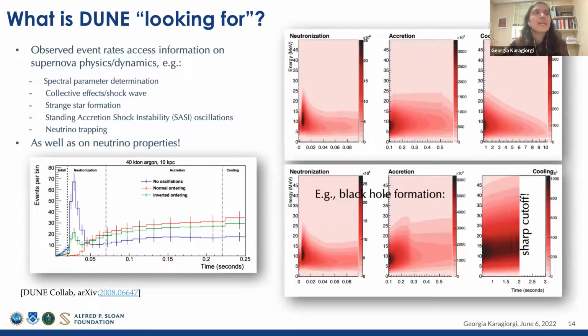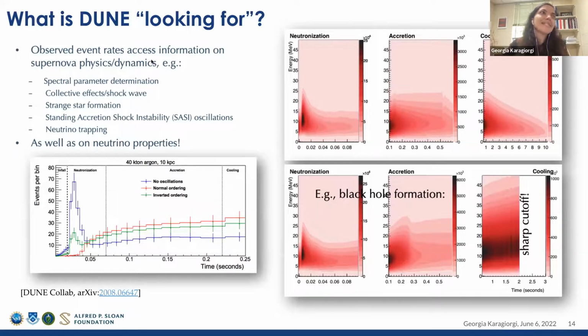So it would be truly amazing if we were so lucky to observe this once-a-century type of event of a galactic supernova burst in DUNE. And this would allow us to access information on supernova physics and dynamics, as well as on neutrino properties.